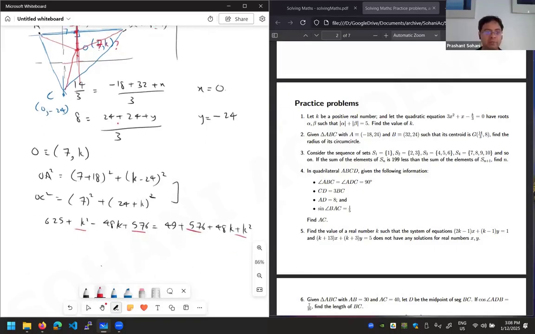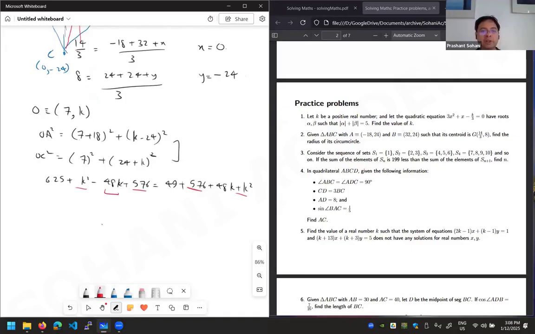And so I will be left with just these two terms, 48k, 48k. So if I take that to one side, 96k is equal to... and so I get the value of k as, I think it is 6, right? 6 nines are 54, yes, correct. So therefore k is 6.